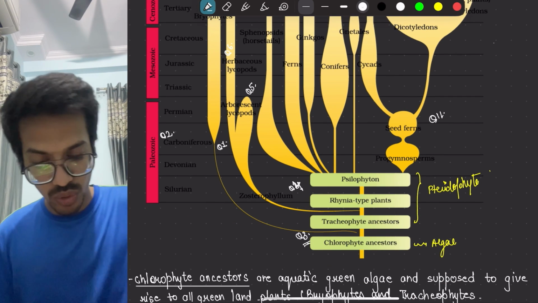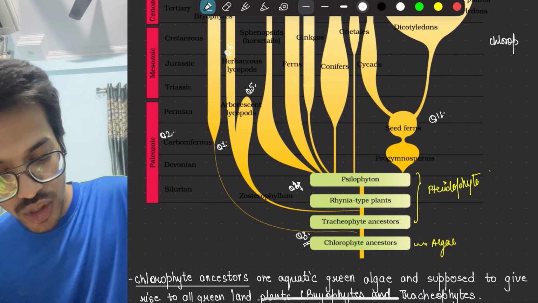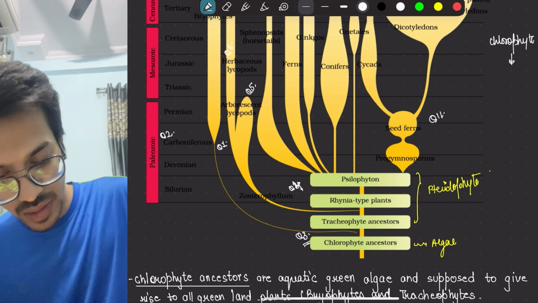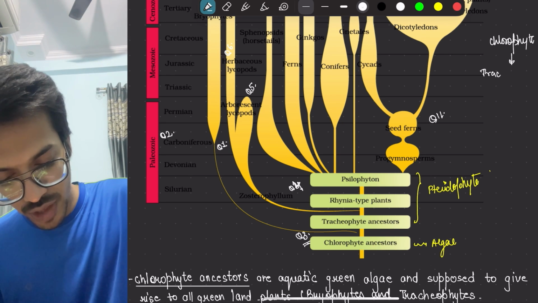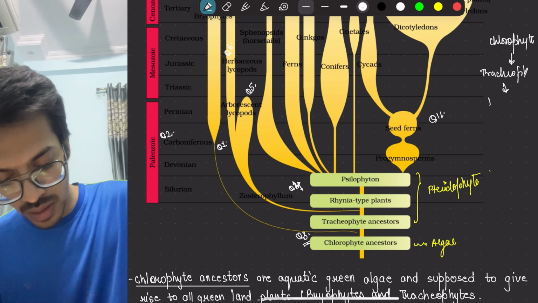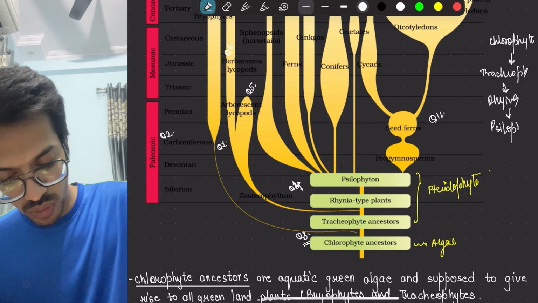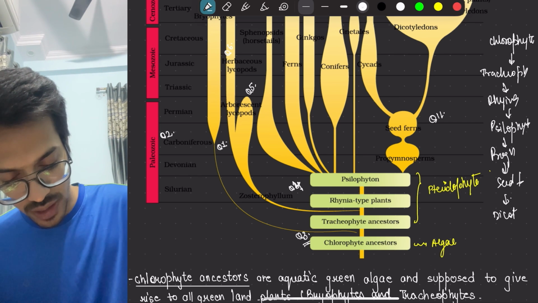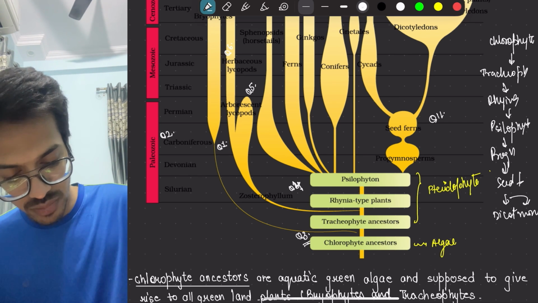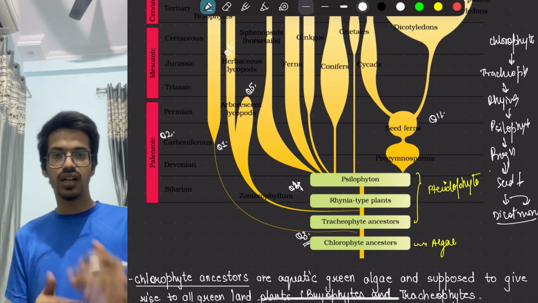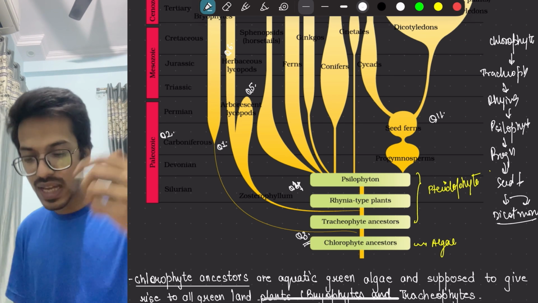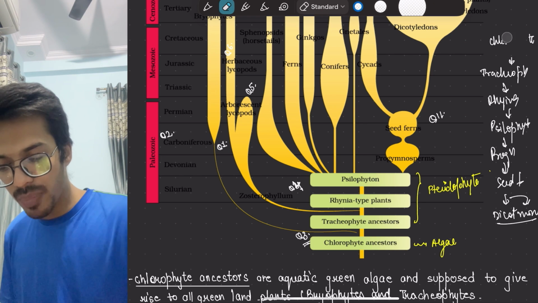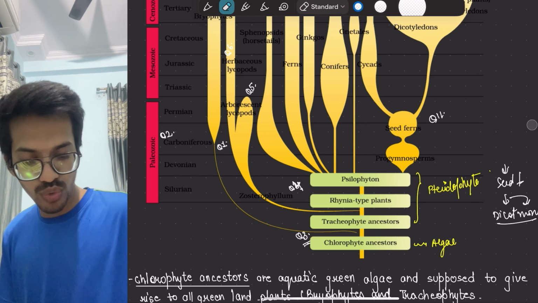So if they ask you to tell the correct sequence, I'm just giving one example: chlorophyceae comes, then the tracheophytes, then rhynia, then xylophyton, then the progymnosperms, then the seed ferns, then the dicot, and simultaneously another one, the monocot, comes much later. Okay, so I hope this is understood to you, and this is all about plant evolution.